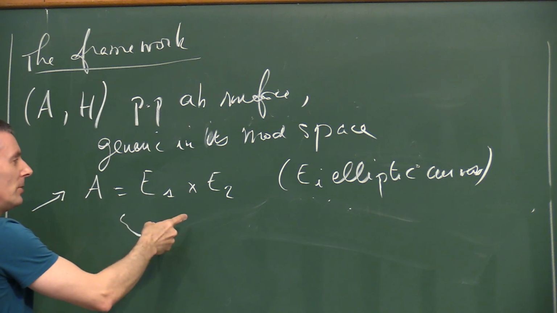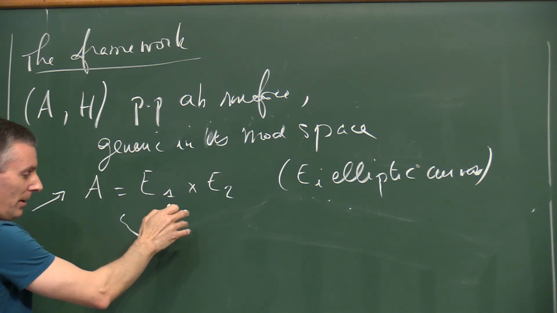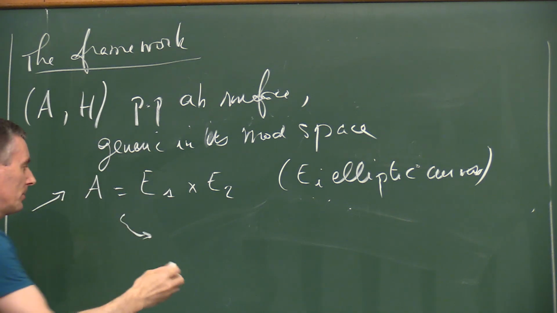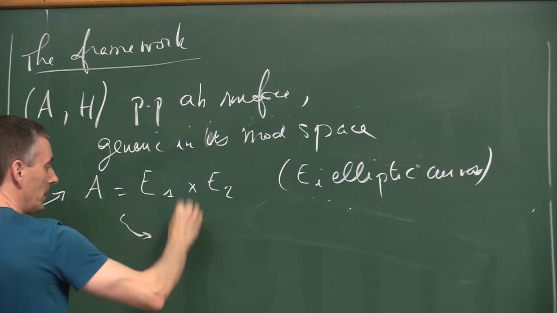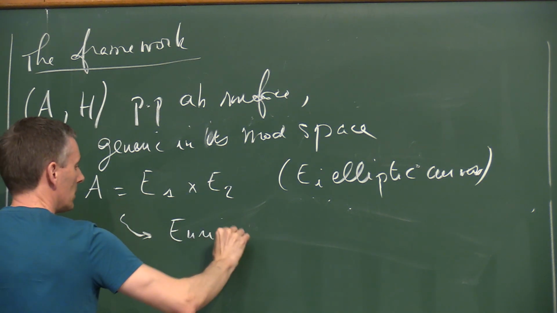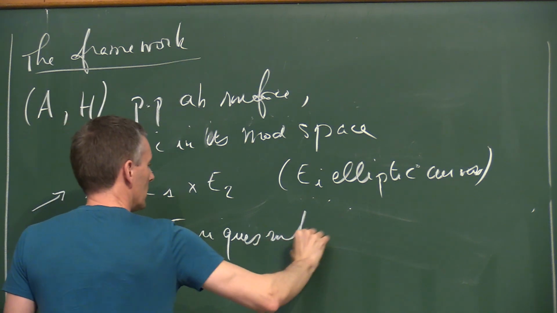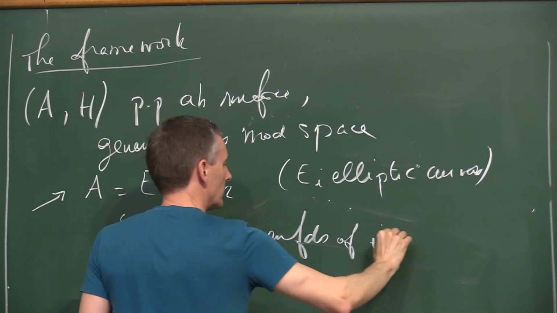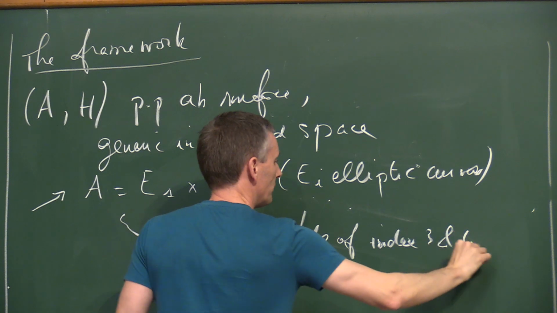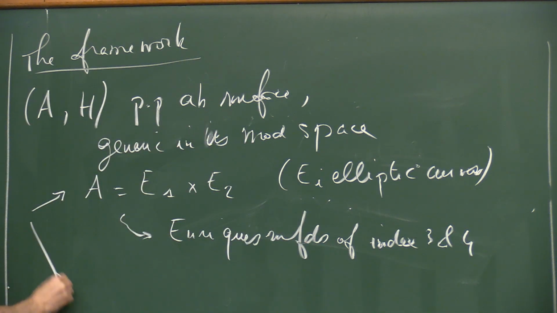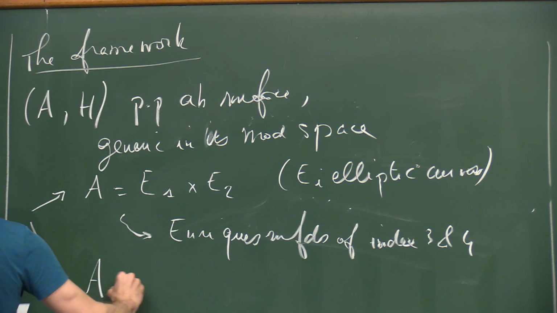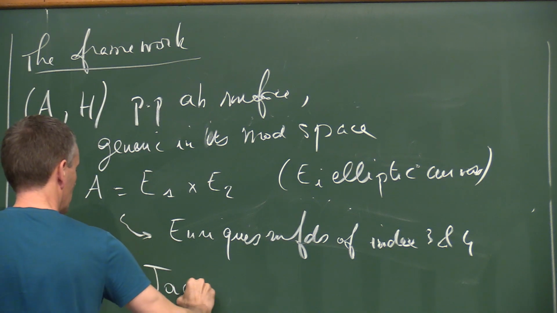This choice gives the construction of Hernig's manifolds of index 3 and 4. The second possibility, which is what we do in this project, is to take A the Jacobian of a genus 2 curve.